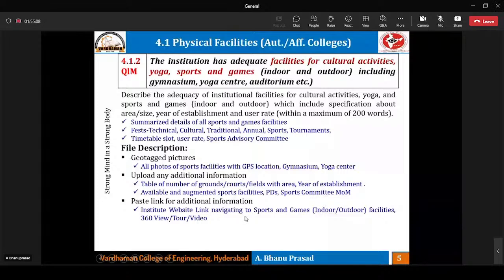And here you can have the students' achievements, either participated or won some medals or prizes in the inter-college competitions, tournaments, or university or state level or national wide or international wide. So this is really a student stuff where the facilities are a must to be provided.